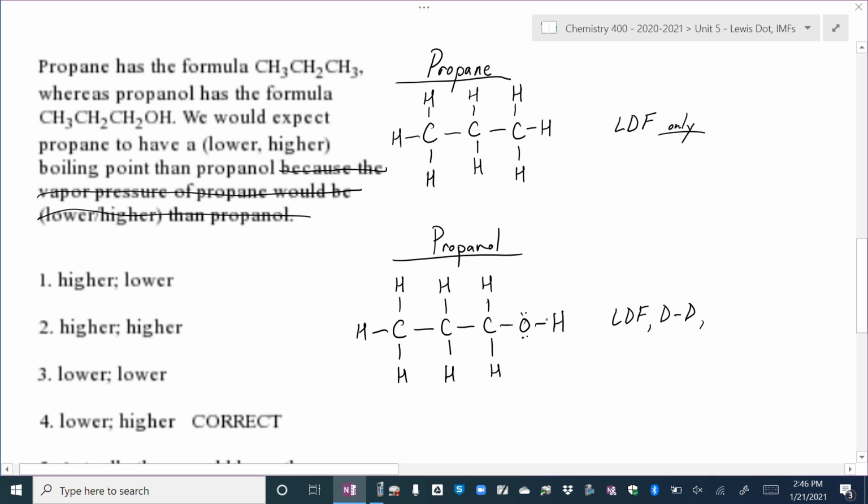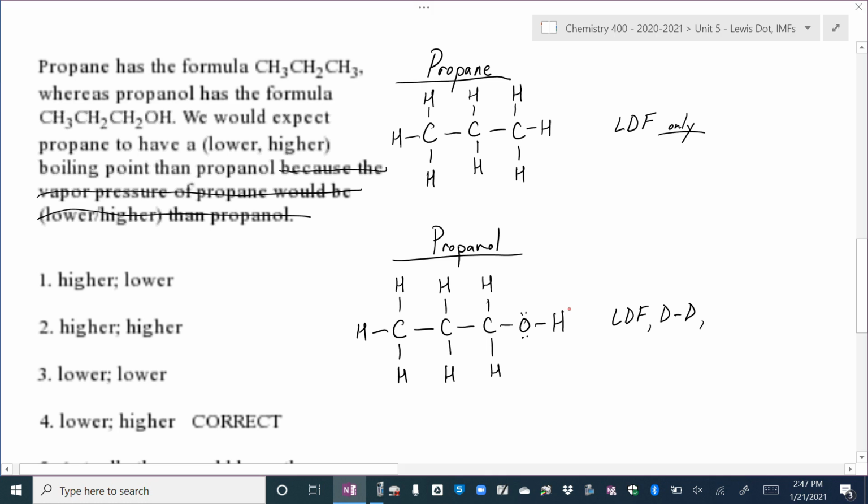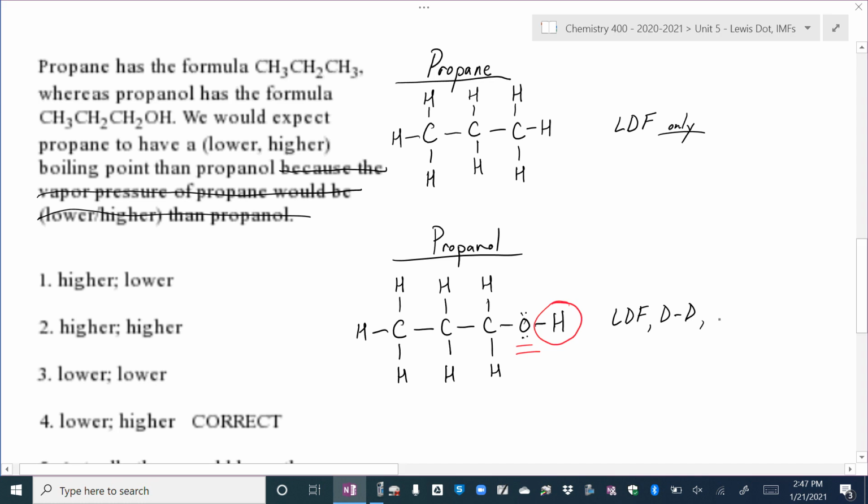But propanol is the only one that has hydrogen bonding because it's attached to this oxygen here. So this guy also has H bonding. Okay, so there we go. Propane only has LDFs, the weakest intermolecular force, and propanol has LDFs, dipole-dipole, and hydrogen bonding, all three of them.